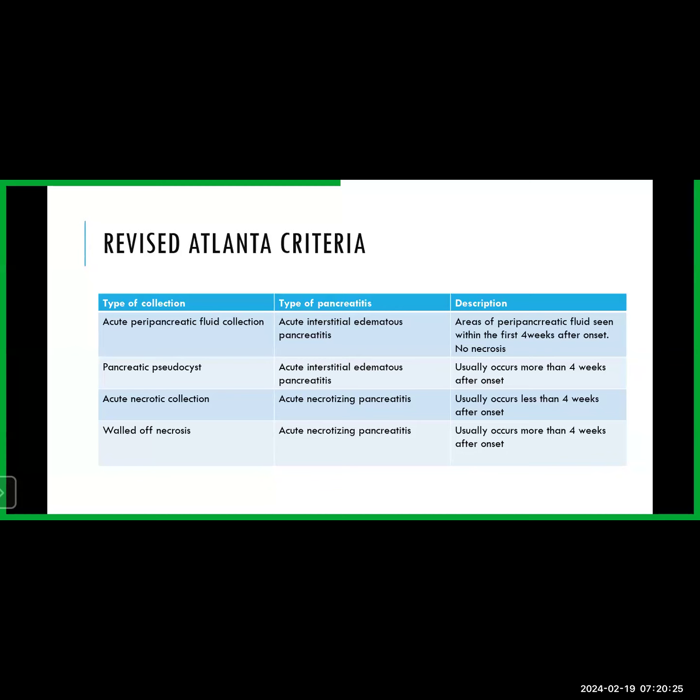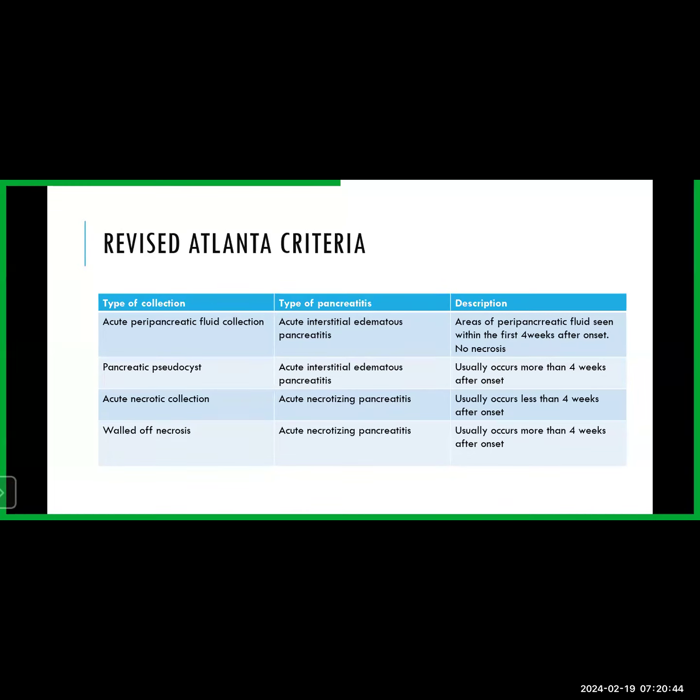I didn't get that on my slide, but for the acute pancreatic fluid collection, that is in an acute interstitial edematous pancreatitis, seen within 4 weeks with no necrosis.